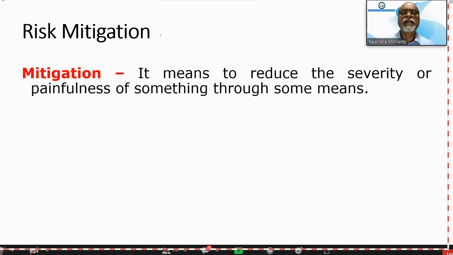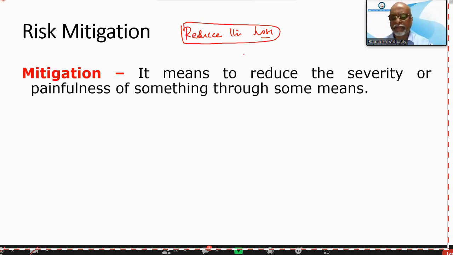Or I can say mitigation is a strategy to reduce the loss. Basically, we are talking about losses here. So how are you going to reduce the loss arising out of any adverse nature of uncertainties in future? Is there any procedure to reduce the loss in our different types of business? That is mitigation.